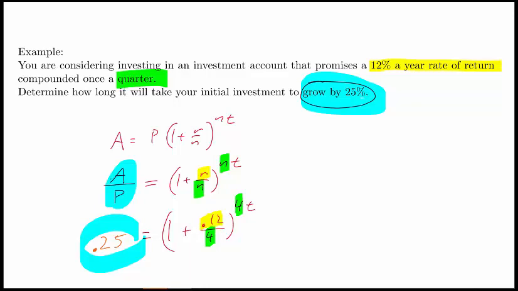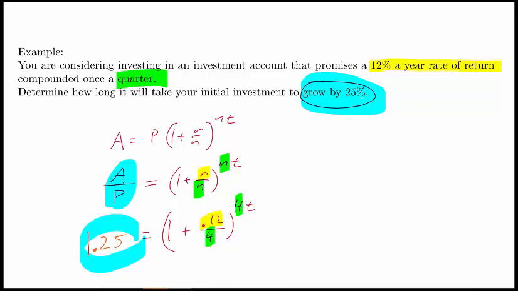You might be forgiven for thinking about that for a second, but think about this. If you leave it like this, what you're saying is how long will it take your money to shrink down to 25%? That's not what we're looking for. We want our money to grow. So it's 1.25. So 1.25 is what we want to do here.